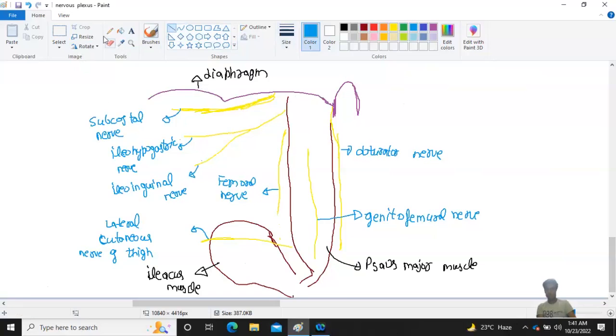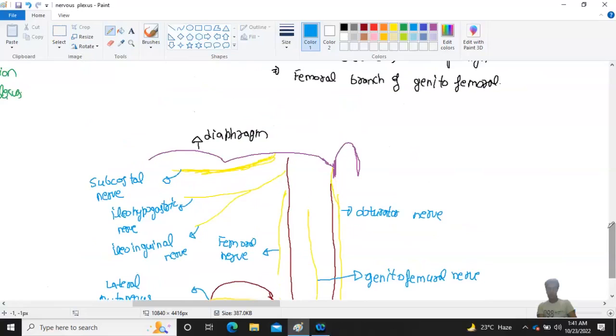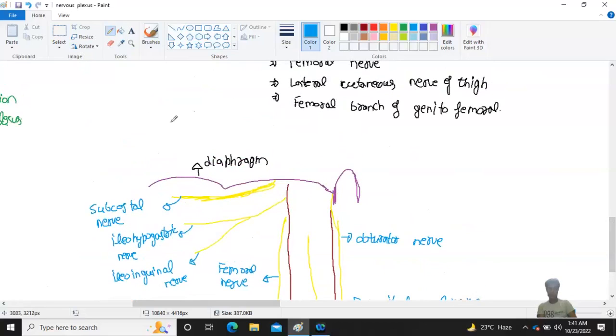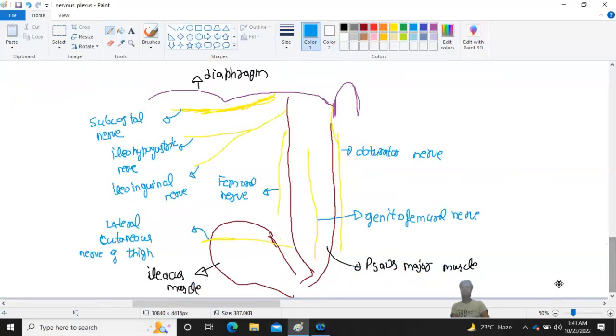Then the lumbar plexus. Then these are the nerve supply of the abdomen.